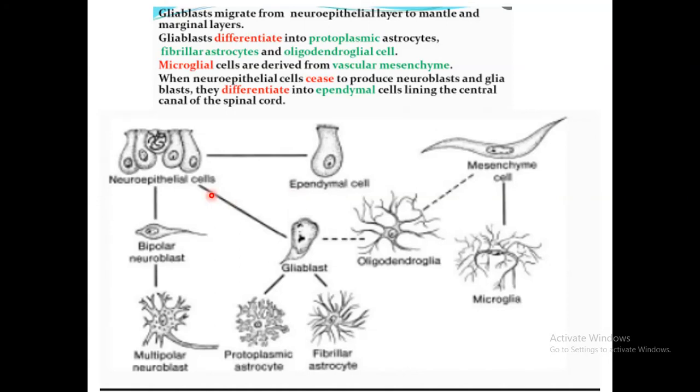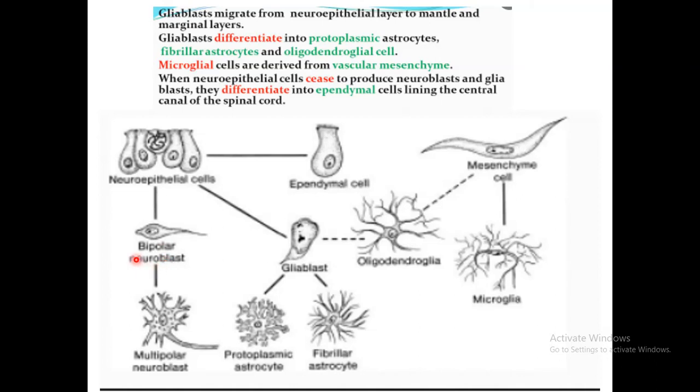First of all, the neuroepithelial cells give rise to the glioblast. These are the ependymal cells. Ependymal cells proliferate and give rise to the pseudostratified type of cells, and these neuroepithelial cells give rise to glioblasts. Glioblasts give rise to astrocytes, which are of two types, the protoplasmic and the fibrillar.